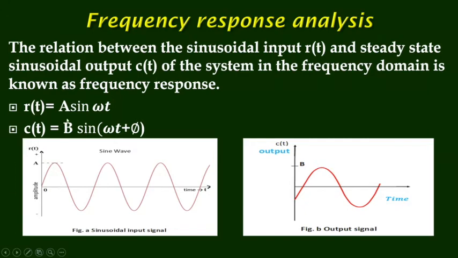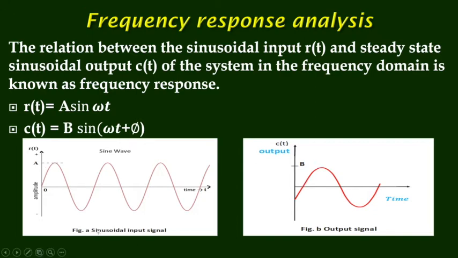So r(t) is equal to A sine omega t, where A is the amplitude of the signal and omega is the frequency of oscillation. Normally, A is kept constant to obtain the frequency response.